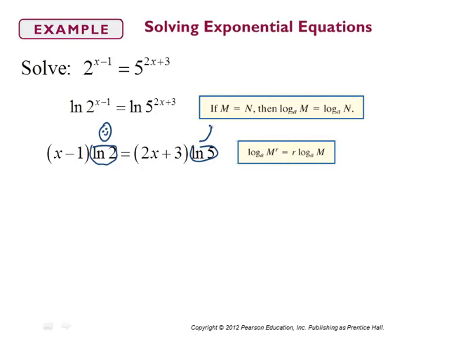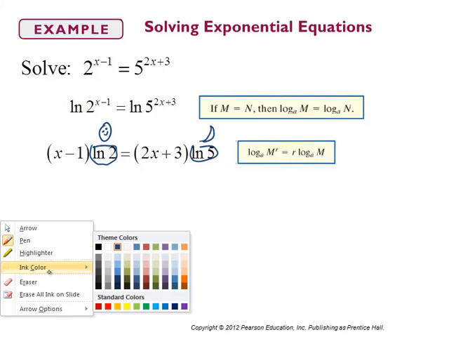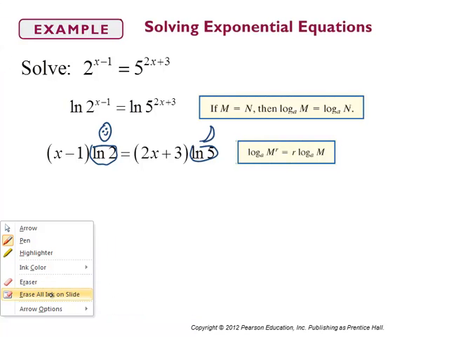Or temporarily replace natural log 5 by a moon or something, I don't know. By some symbol that you can temporarily put in there until you actually solve for x, and then substitute those respective natural logarithms back in. However you want to do it, but I'm not going to do that though.